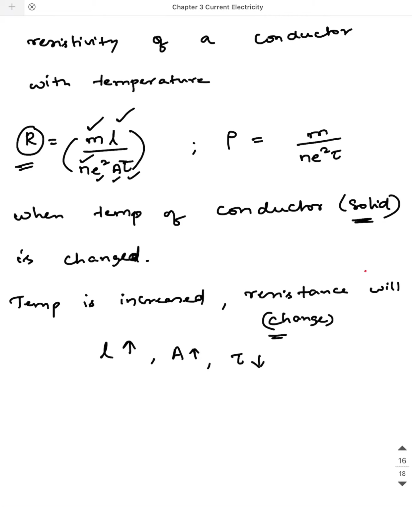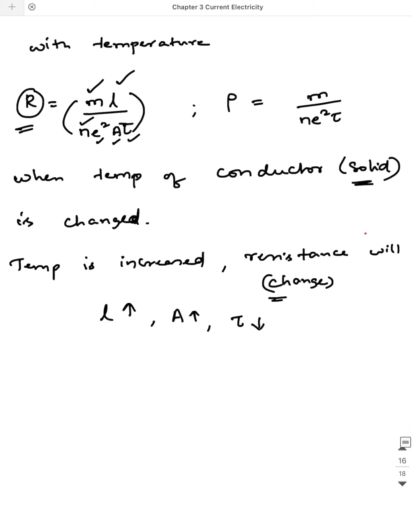Now let's see why this relaxation time actually decreases. When temperature increases, kinetic energy of the particles increases. So what is actually relaxation time? Relaxation time is the time that lapses between two successive collisions. When kinetic energy increases, the time taken for the particles to meet successively decreases.